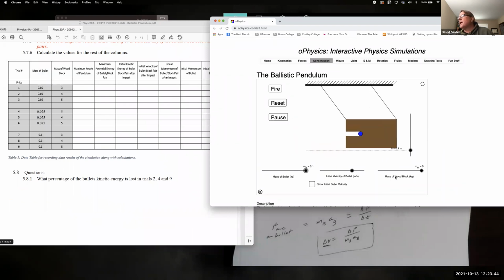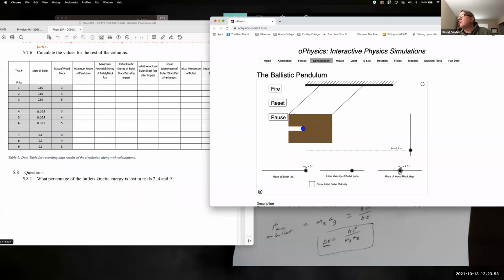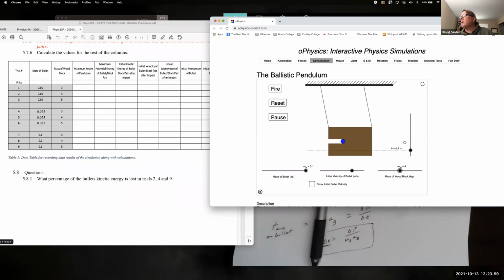Okay, so the mass of the block is going to be 4, and the mass of the bullet. So I'm going to reset, and I'm going to hit fire. Now I'm going to measure 8.